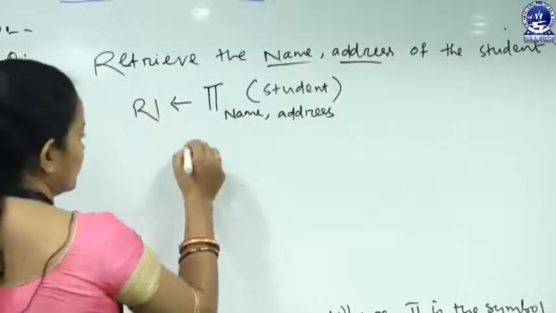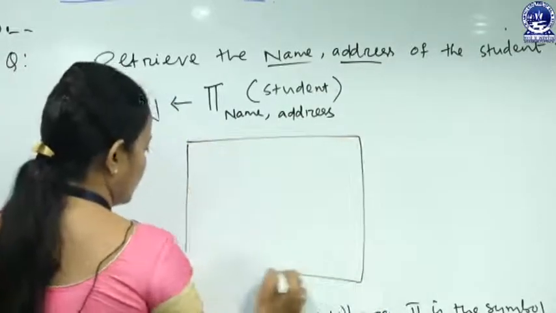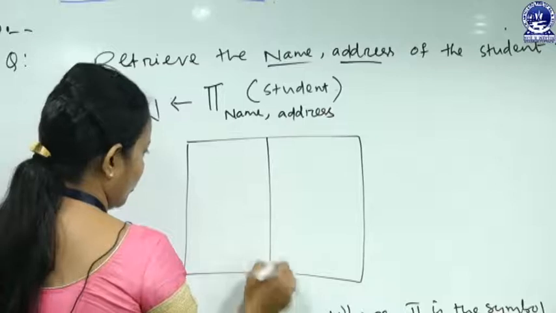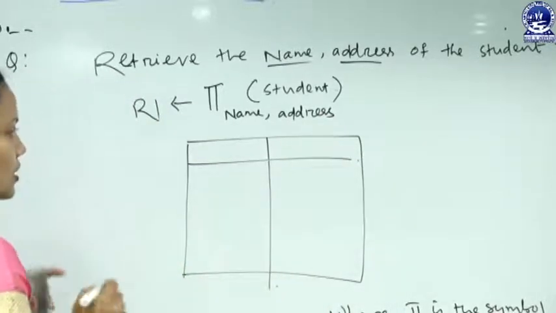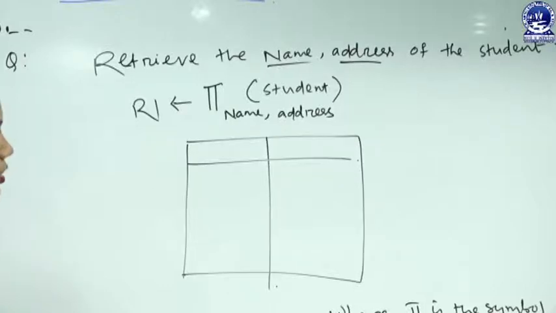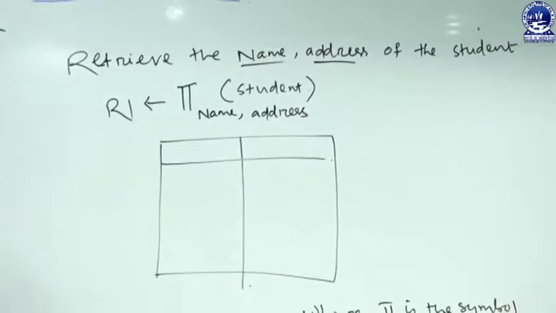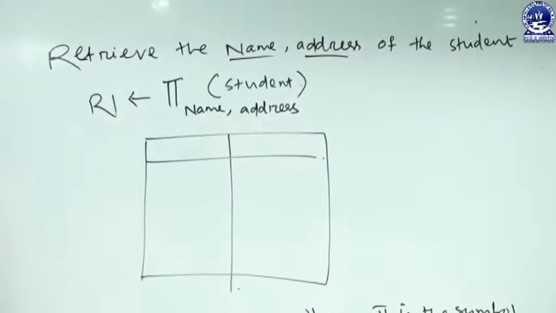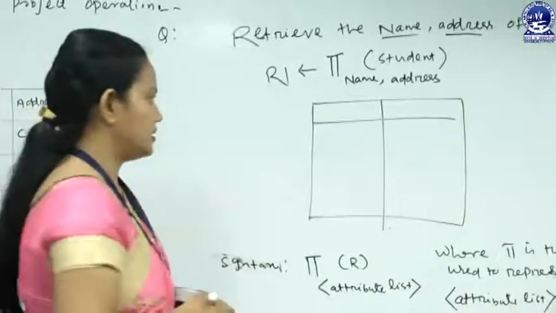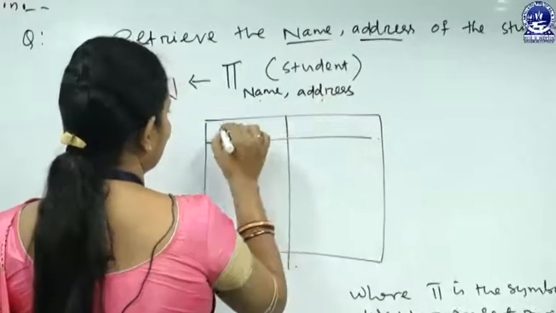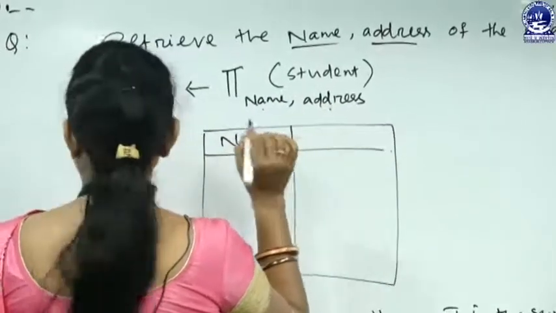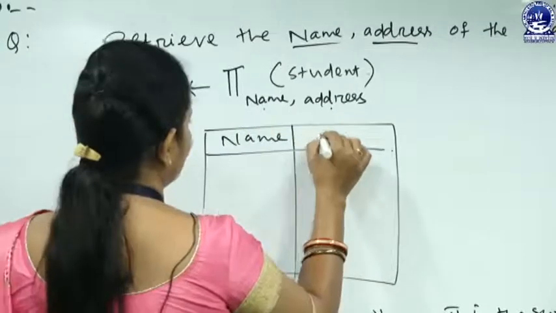So R1 will contain only 2 attributes, because in the project operation those attributes satisfying the condition are reflected in the result and the others are discarded. So the name and address attributes only will be displayed.